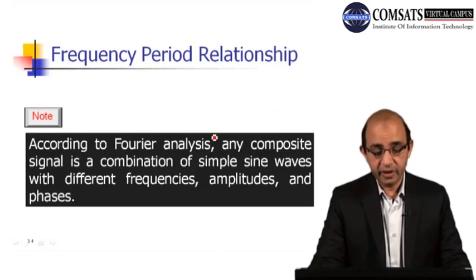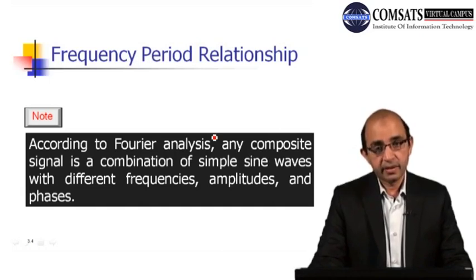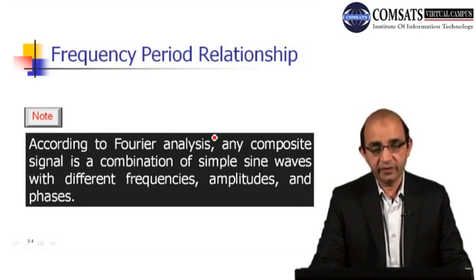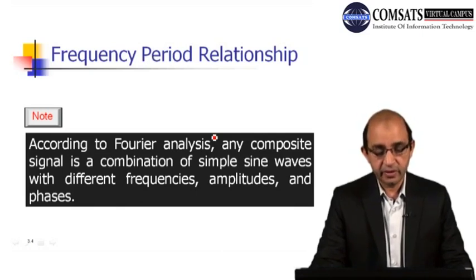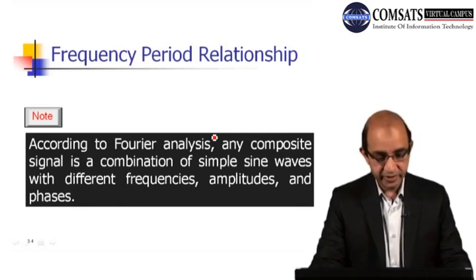Here I have mentioned a note that in order to have the Fourier analysis, we need to represent a signal as a combination of sines with different frequencies, amplitudes and phases. So all the components will be having different frequencies, amplitudes and phases.